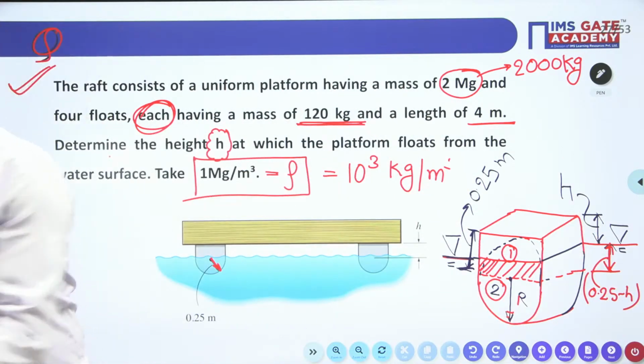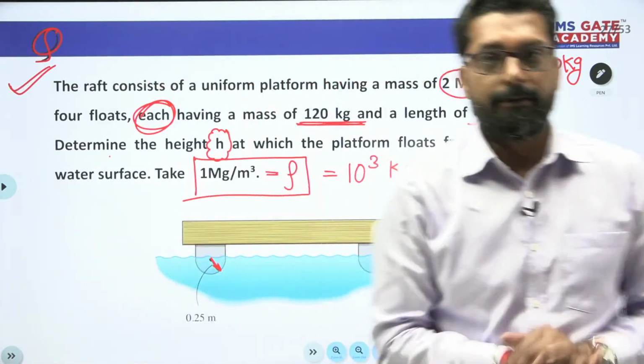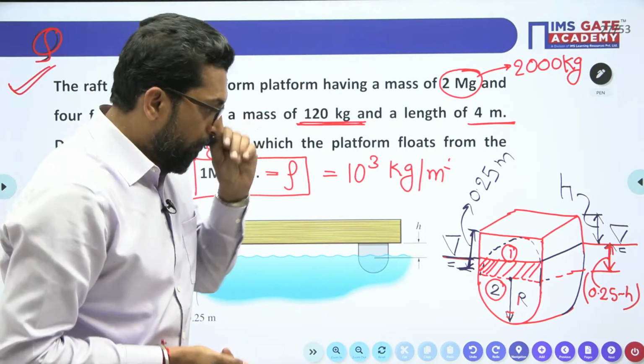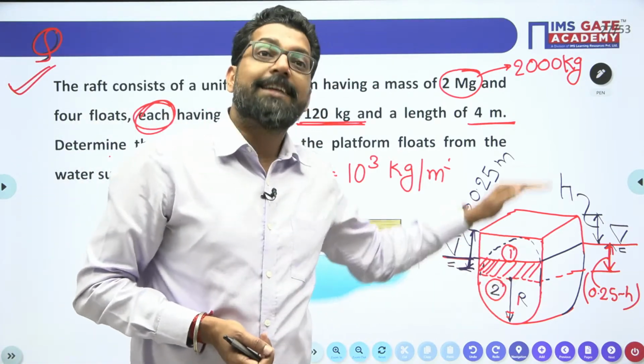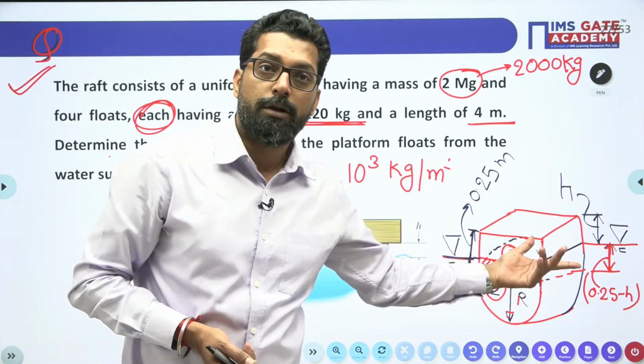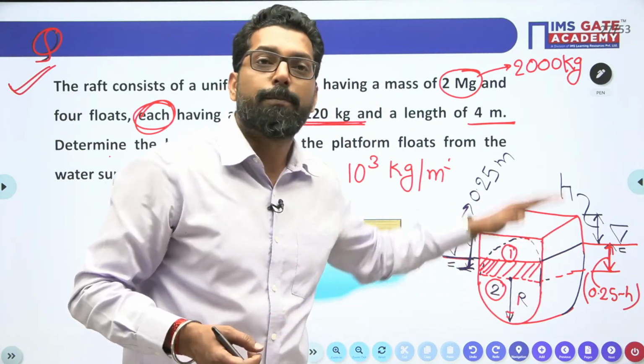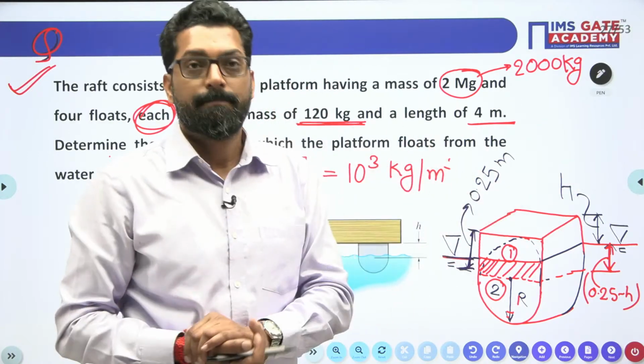But this is hypothetical. First we will check whether the semicircle is fully submerged or not. If it is fully submerged, then we assume that some portion of the rectangle may be submerged.